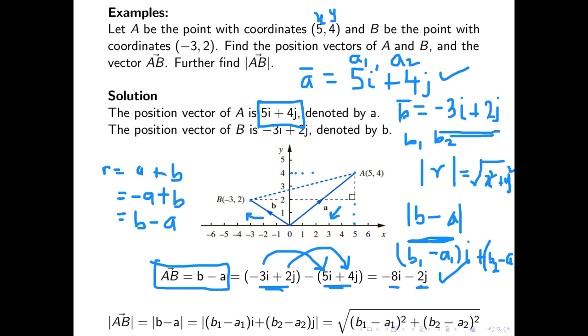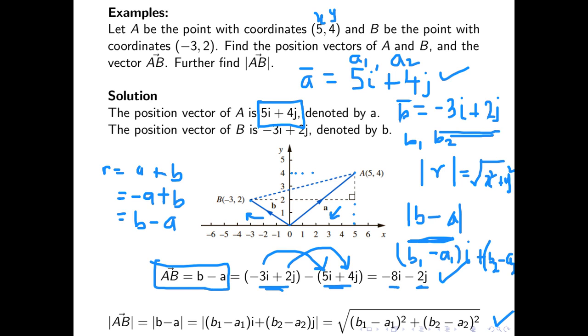All right, and that is how you obtain the magnitude. So this formula holds for you to obtain the magnitude. And what you just simply need to do here is substitute values.